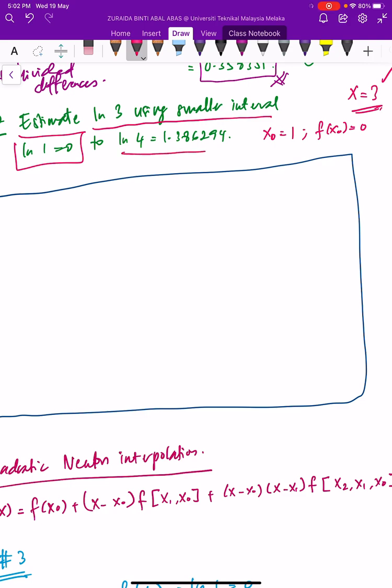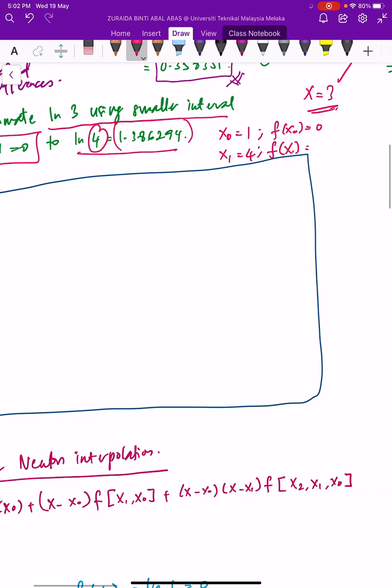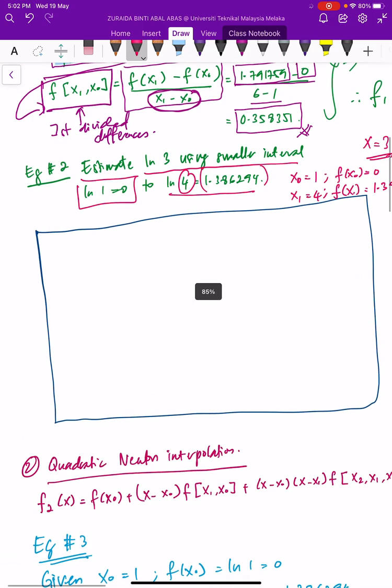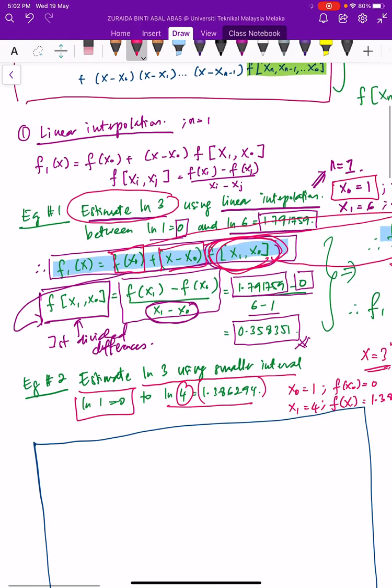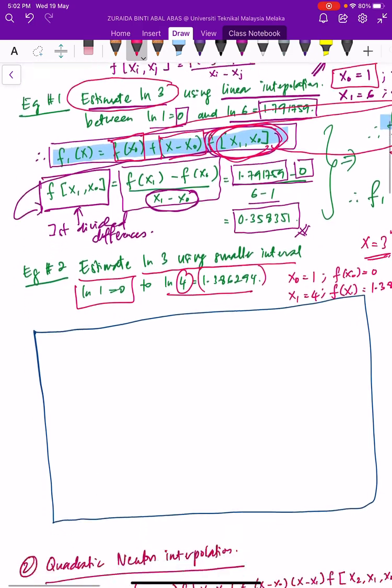Now the second pair is x1 equal to 4, and then f(x1) is 1.386294. I hope you can do this for linear interpolation using Newton divided differences.